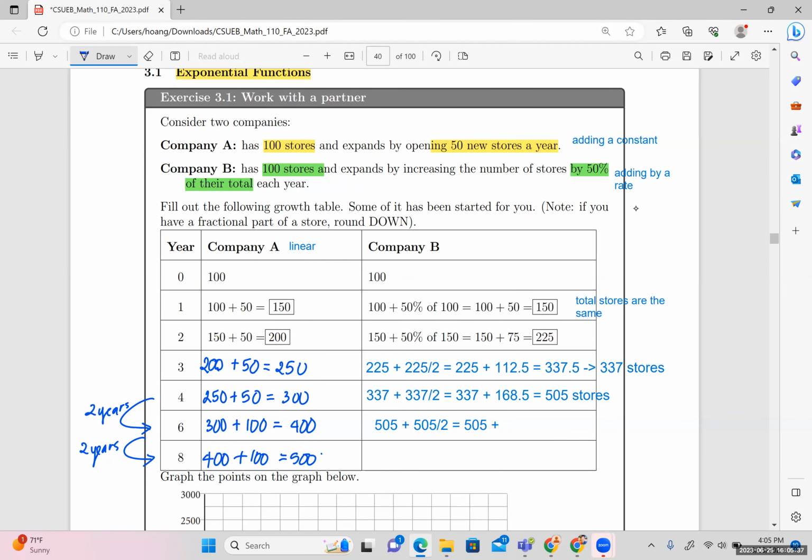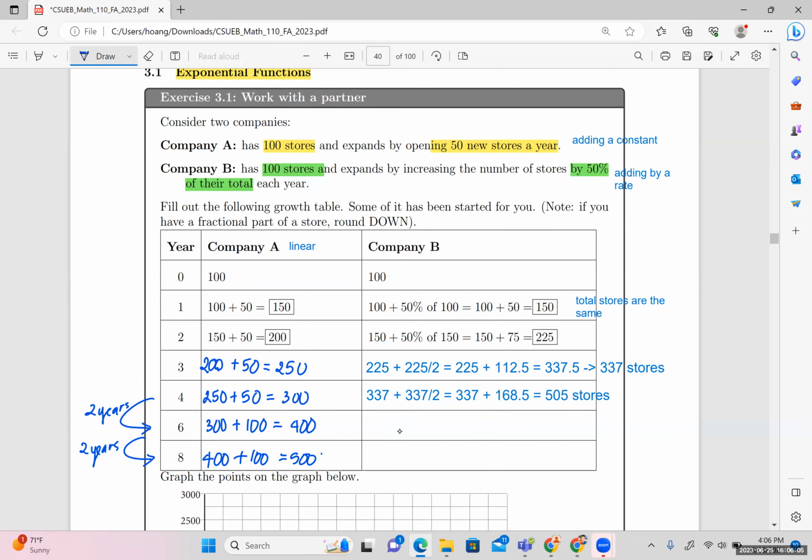So that means I also have to change this. Okay. So it was 505. This one is different from the one in company A. I have to have the fifth year first, right?